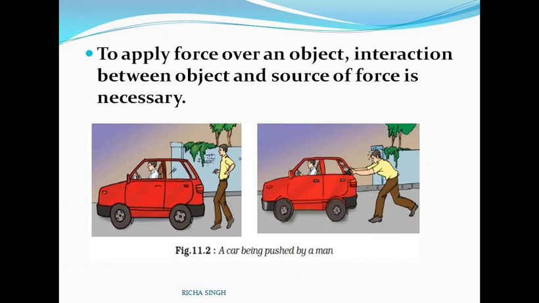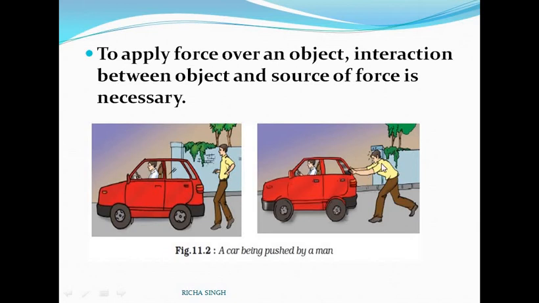Now, one more important thing that you should know is that to apply force, there must be an interaction between the object and the source of force. For example, a person is just standing behind the car. Will the car move? No, the car will not move because there is no interaction between these two things.